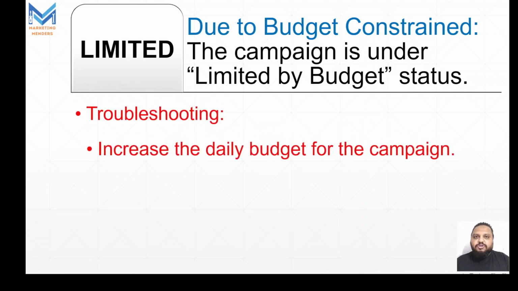In this case, you don't need to do anything. If you see in your campaign a bid strategy status as limited due to budget constraint, just go to the campaign settings, which we have seen in the previous video, and there you just have to increase the daily budget of your campaign spending. Now Google is using a lot of AI components.